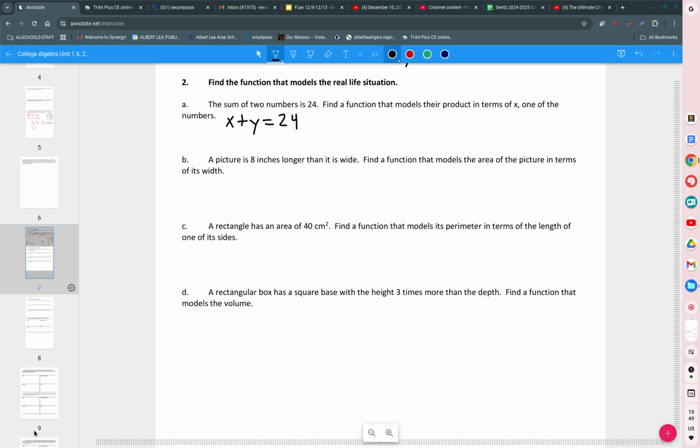So this problem says find a function that models their product in terms of x, one of those numbers. What I'm doing is taking your 2 numbers and multiplying them together. Yours produced a smaller amount, yours produced a bigger amount. So that's what's driving the problem. Product is equal to x times y.